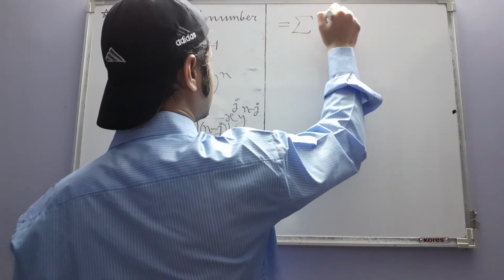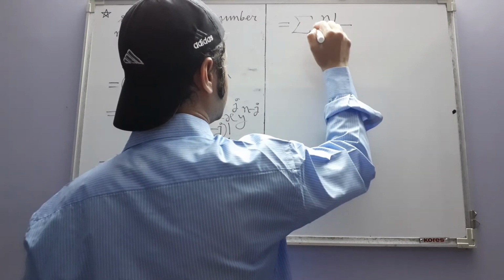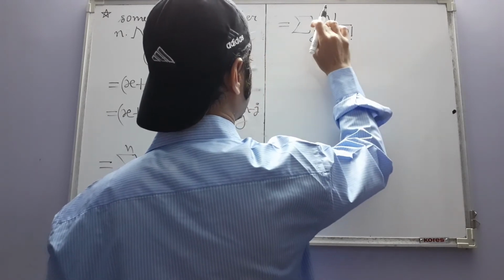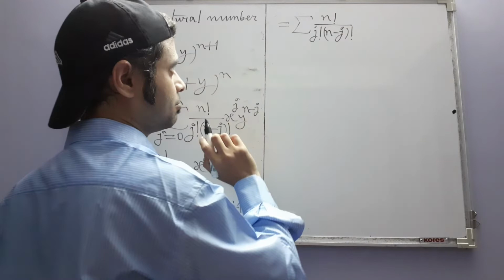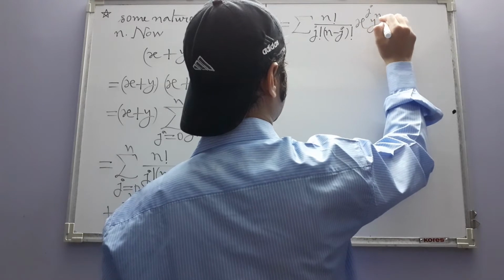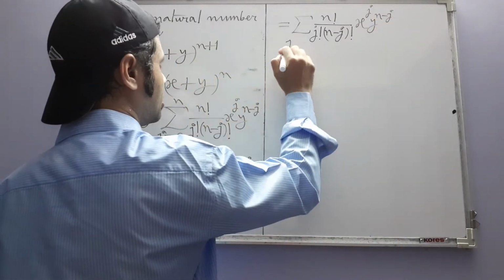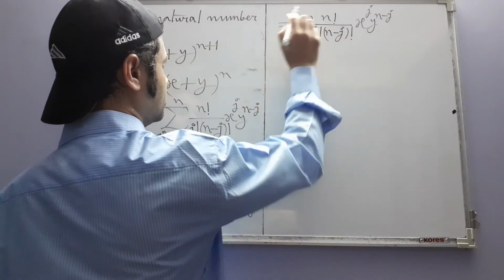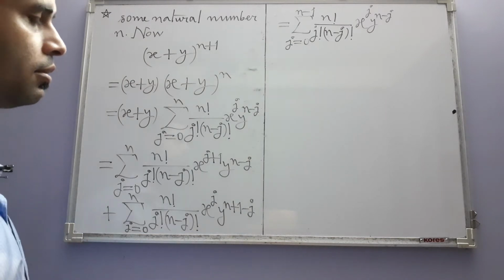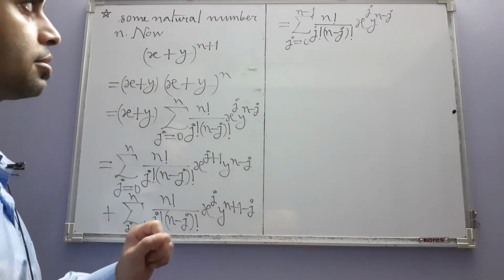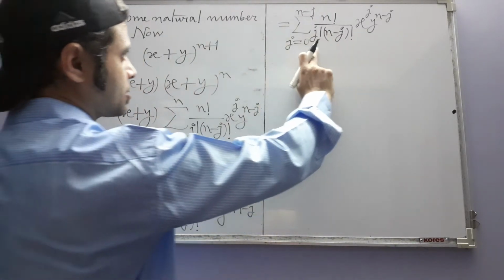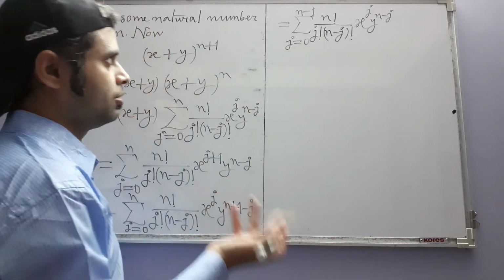Summation, everything here remains the same, n minus j factorial times x to the power j times y to the power n minus j. The lower limit is also the same, but in place of upper limit, we write n minus 1. So that means we have written, loosely speaking, one term less in this sum or series, and that one term is this expression when you put j equal to n.